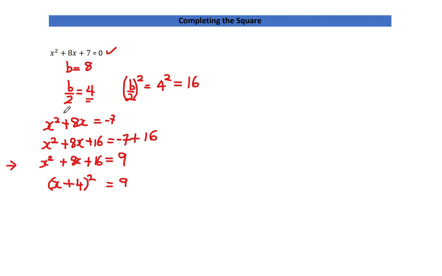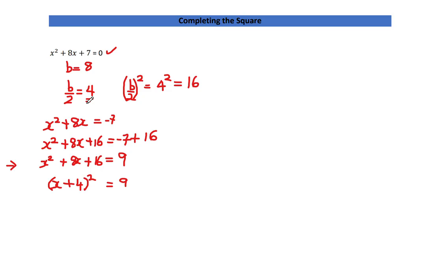Whatever value you get for b over 2, the aim of the left-hand side is to really form a perfect square. So the left-hand side is always either going to be x minus b over 2 all squared or x plus b over 2 all squared, depending on whatever b over 2 works out to.